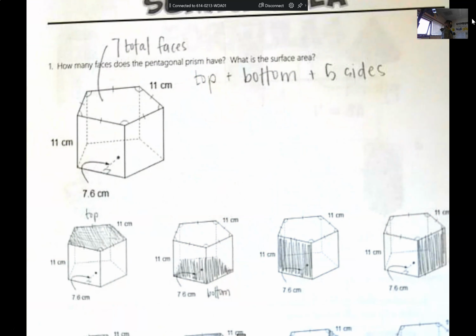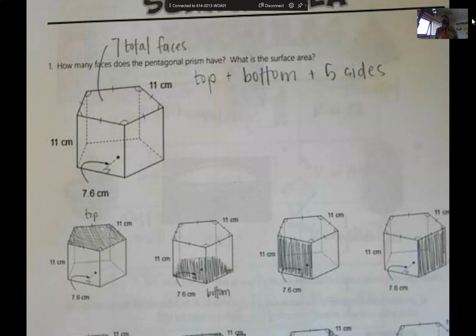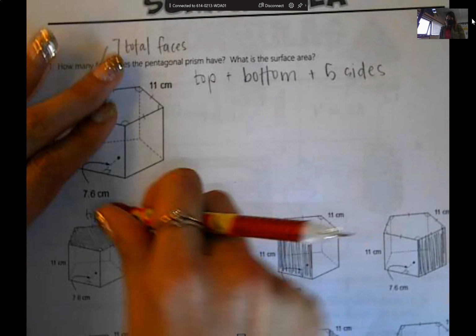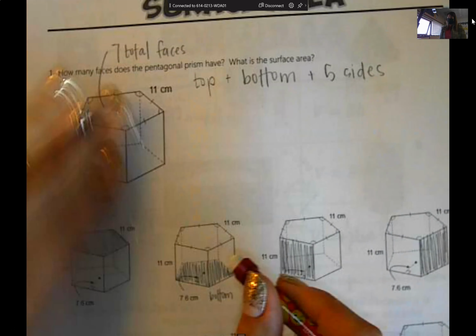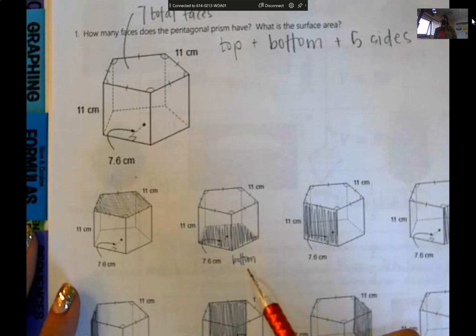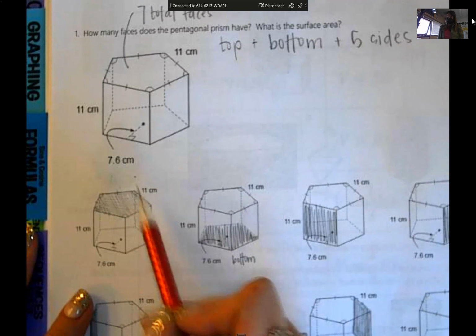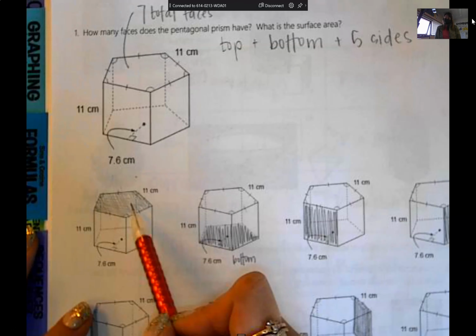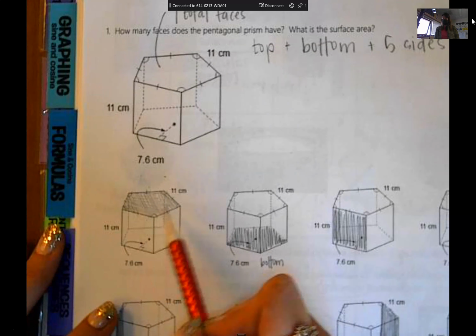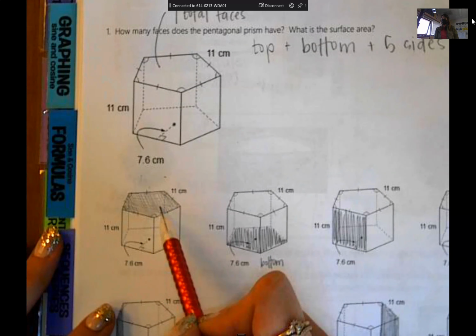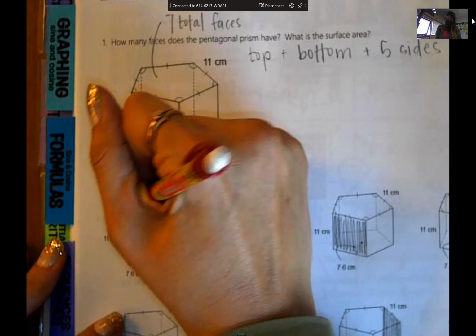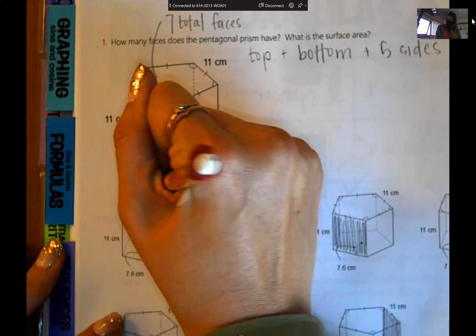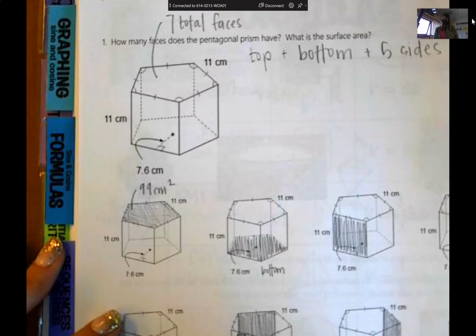Well, if we want to know the surface area of this shape then, all we have to do is find the area of the faces and add it together. So for this pentagon, the formula for the area is crazy town. But the area for this guy is 99 centimeters squared.